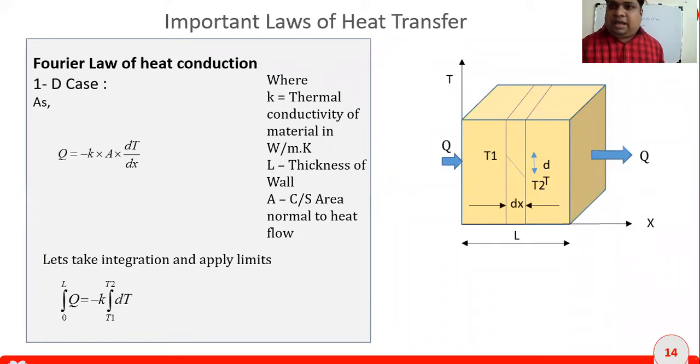Yes, please complete the diagram. Can you see this diagram? Yes, sir. So please complete within 2 minutes.